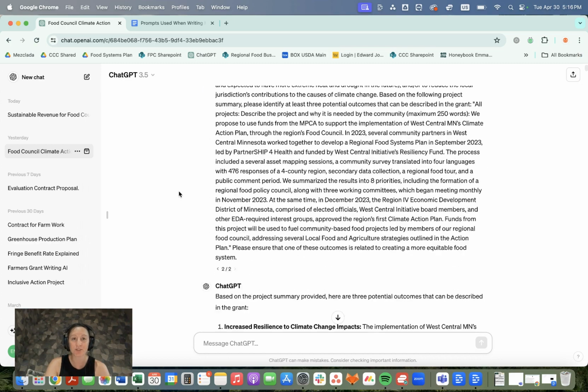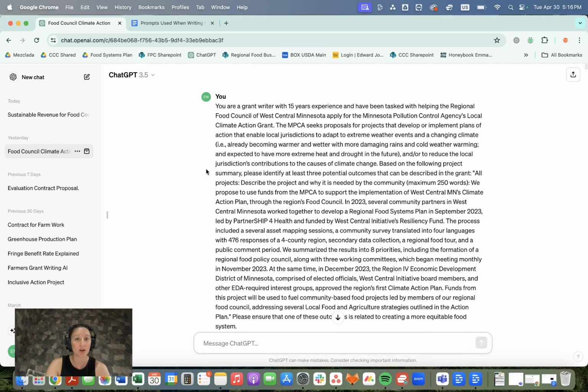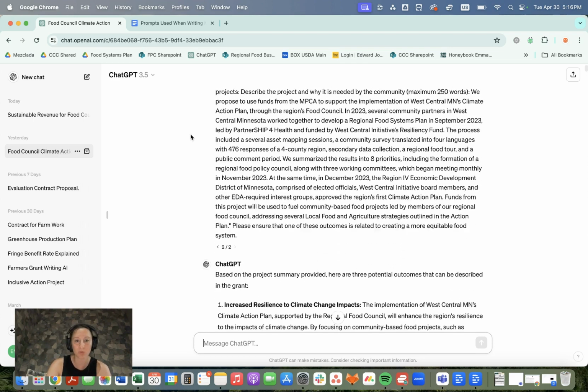Digging into this, just a reminder, the first couple of prompts we've already talked through. We wanted to give this bot a persona. So we said, you're a grant writer with 15 years experience. You've been tasked with helping the Regional Food Council of West Central Minnesota apply for the Minnesota Pollution Control Agency's local climate action grant, blah, blah, blah.